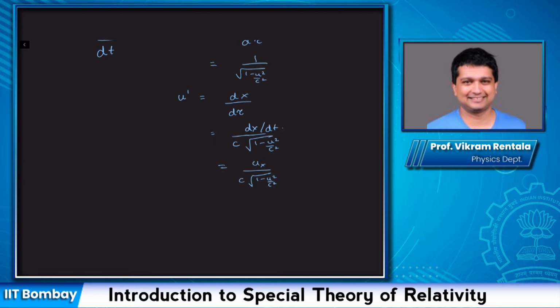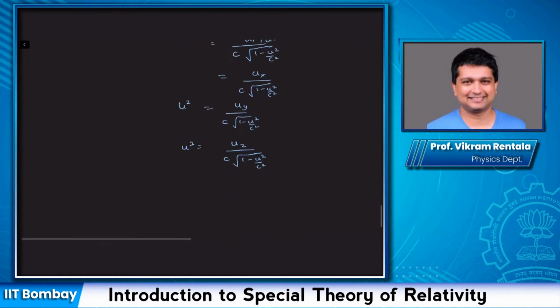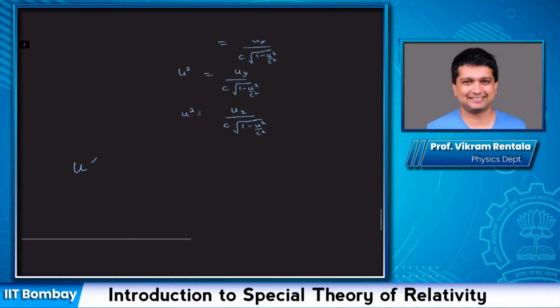And so this would be u1. And similarly, I can write down u2 as uy over c times the square root of 1 minus u²/c², and u3 as uz over c times the square root of 1 minus u²/c².